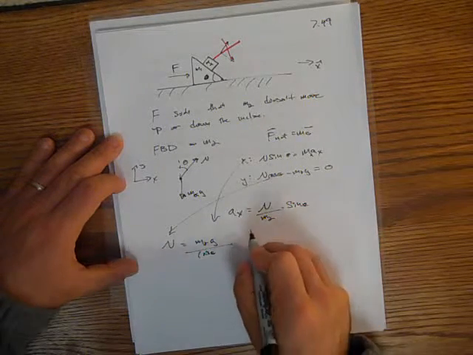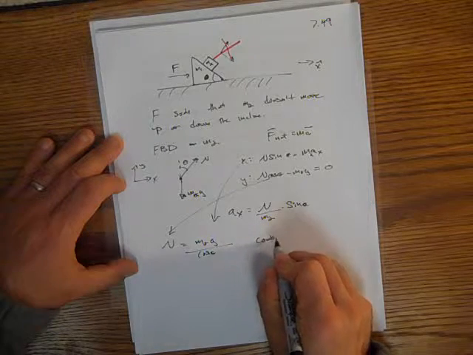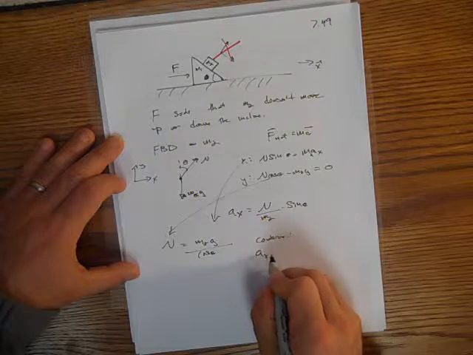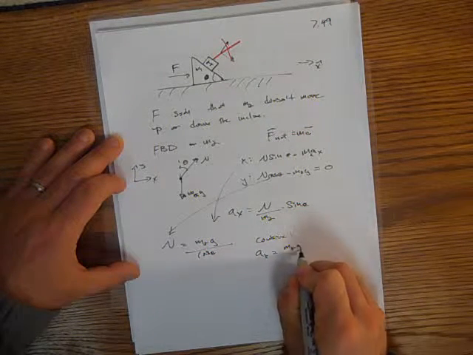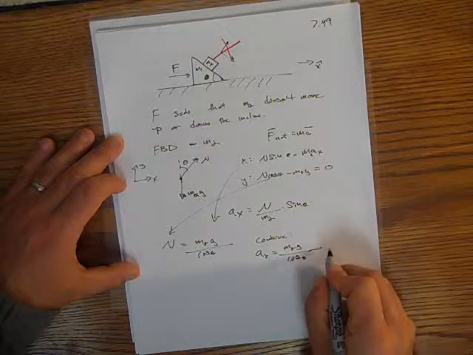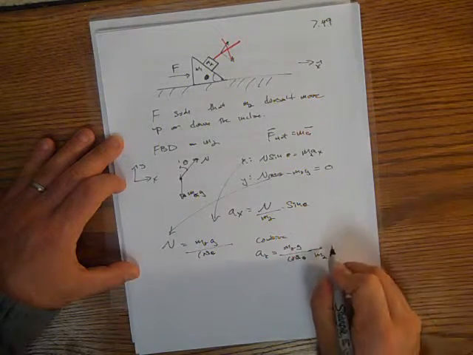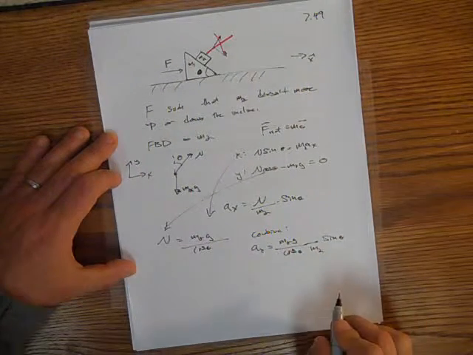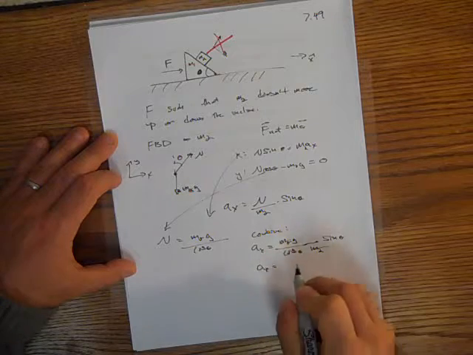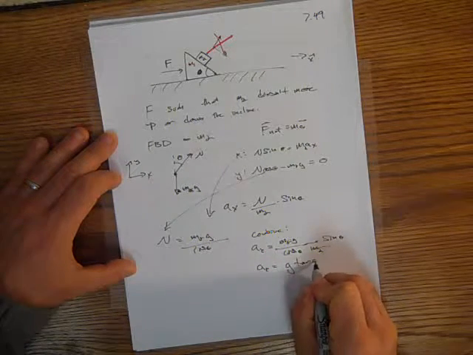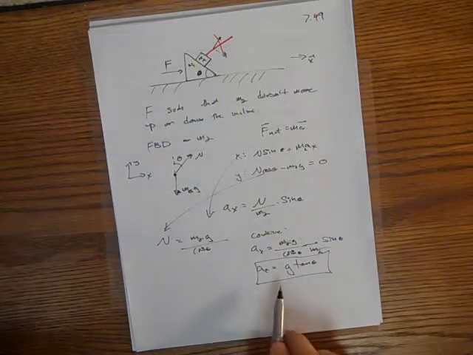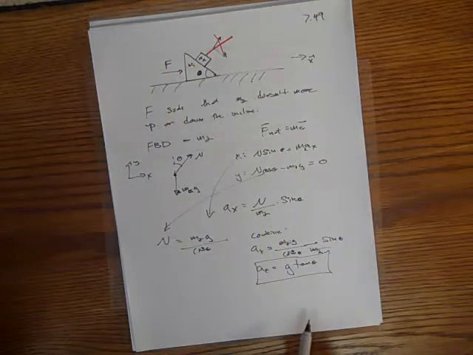If I combine these two, I substitute N in there: ax is m2g over cosine theta times sine theta, divided by m2. M2 cancels, sine over cosine is tangent, so ax must be g times the tangent of theta. So the acceleration of the block in the x direction must be g tangent of theta.